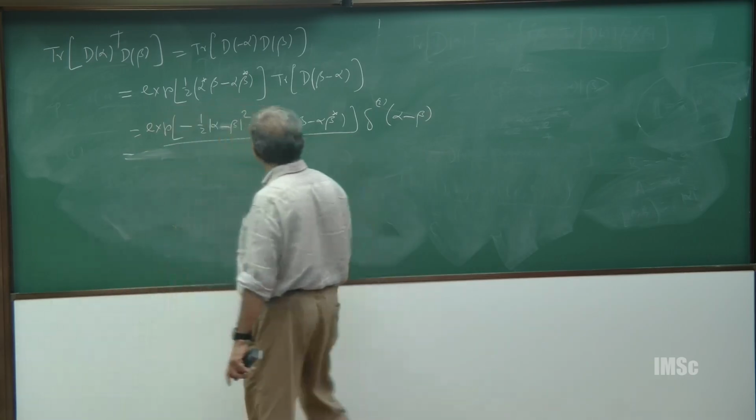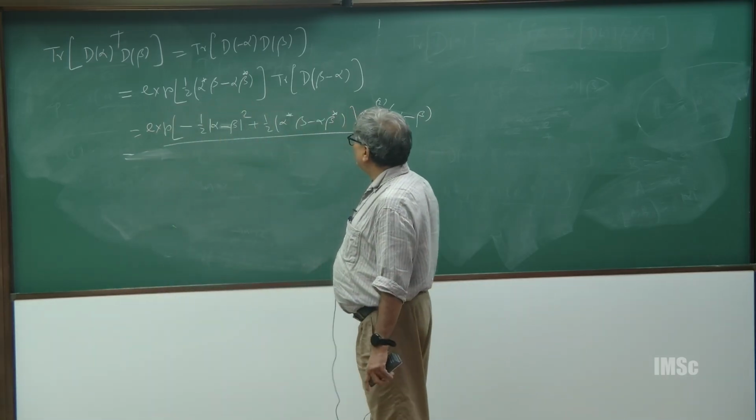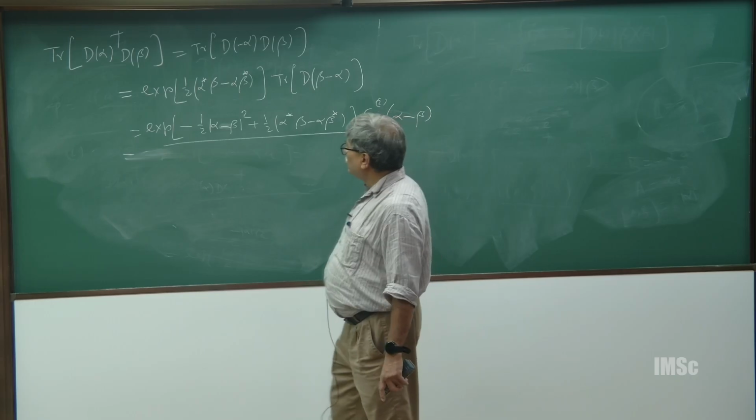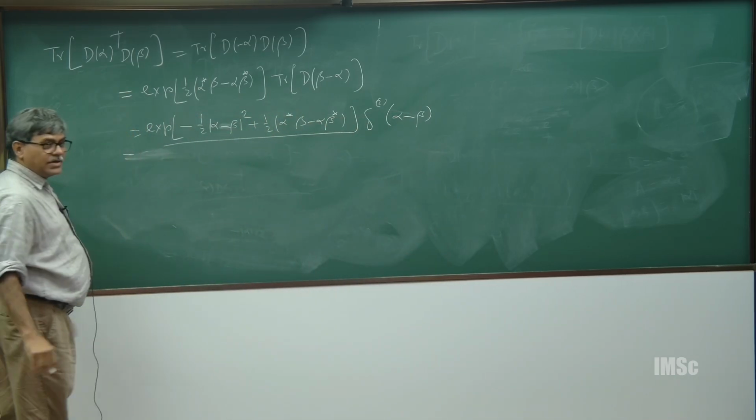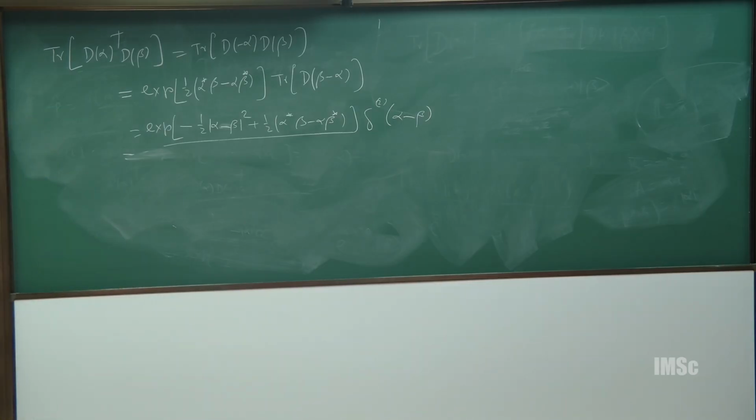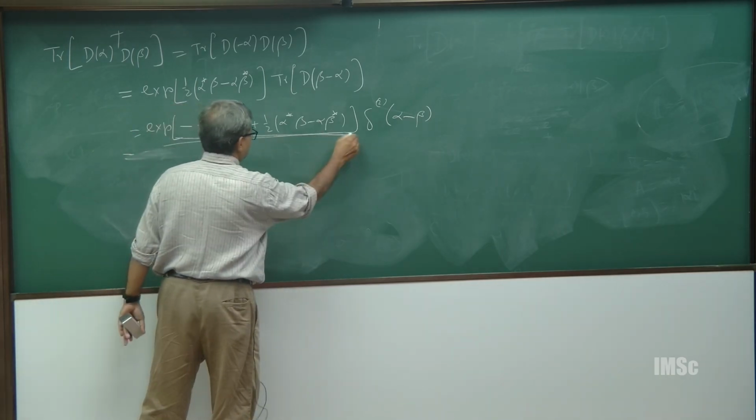So the basic point is that these displacement operators are kind of orthogonal, right? Is that a correct statement? Yes, they are kind of orthogonal because of this delta function, unless I have messed up this factor, hopefully not.